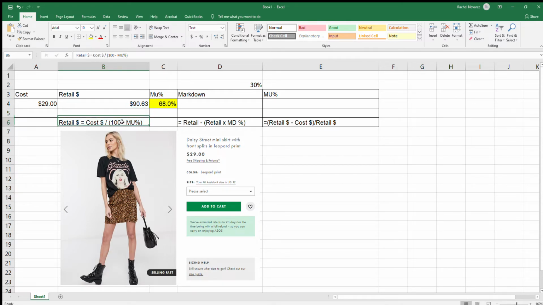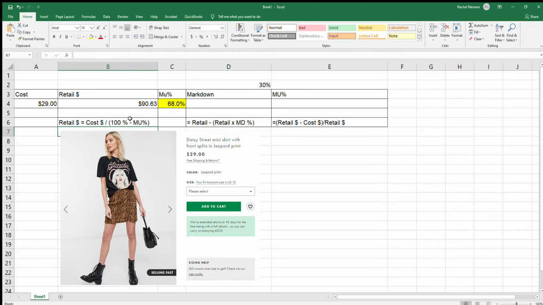This is really going to be 100%. So what that looks like is, if I just type out the formula: the retail dollar is equal to the cost, which is A4, divided by 1 minus C4.